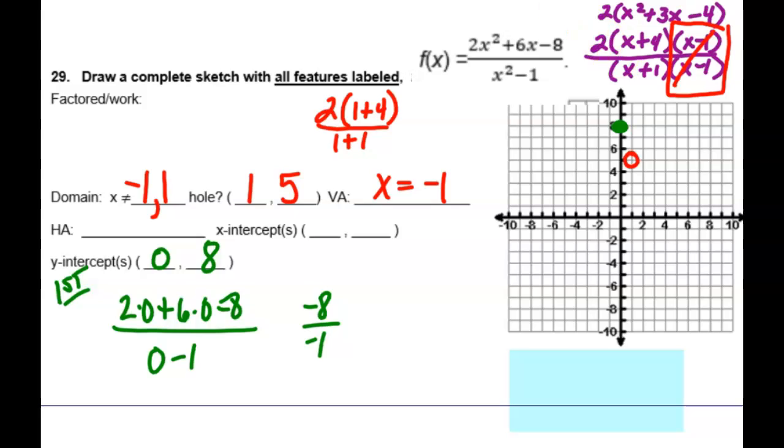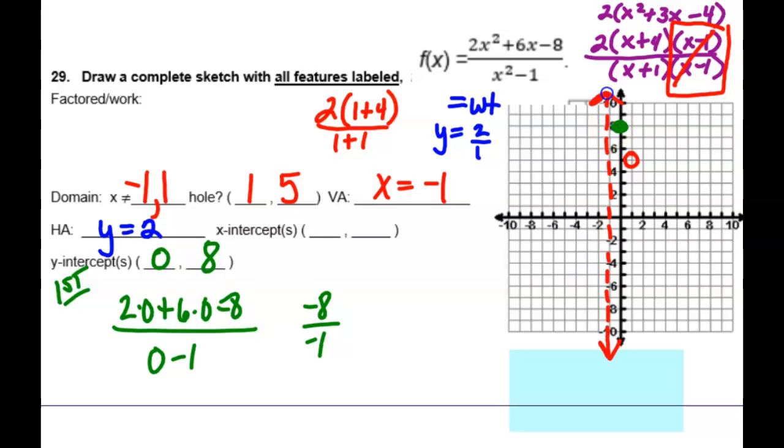Okay, what about horizontal? It was equal weight. Equal weight is y equals leading coefficient of 2 over leading coefficient of 1. So we get y equals 2. Okay, x equals -1 was a vertical asymptote or dotted line.